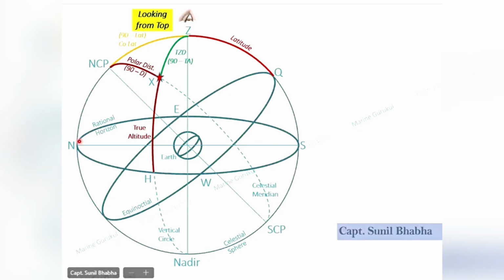Now, how do we get a perspective so that this bottom part can be eliminated altogether and we are able to concentrate our attention on the top part?